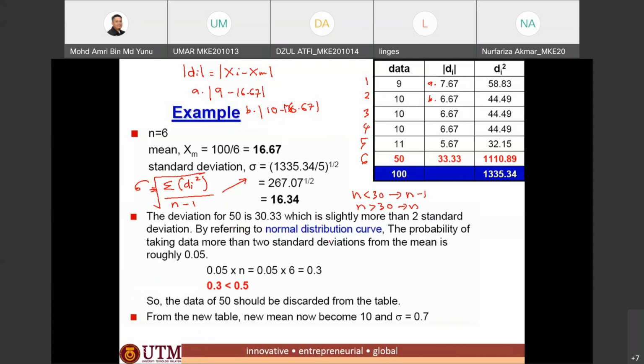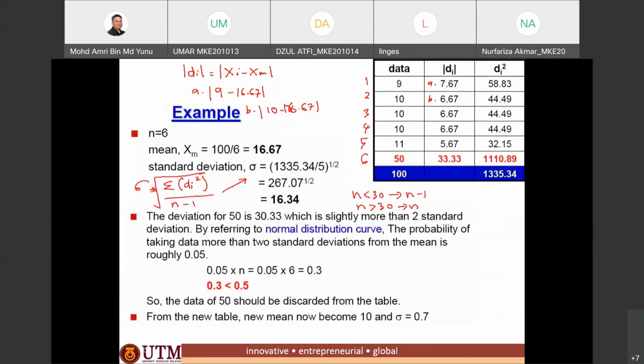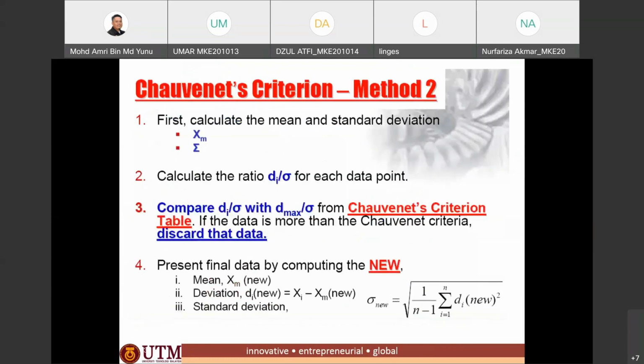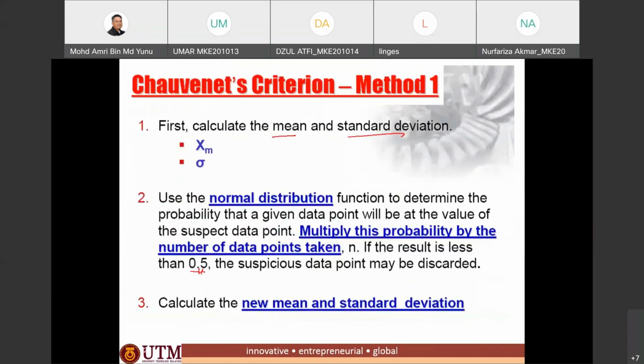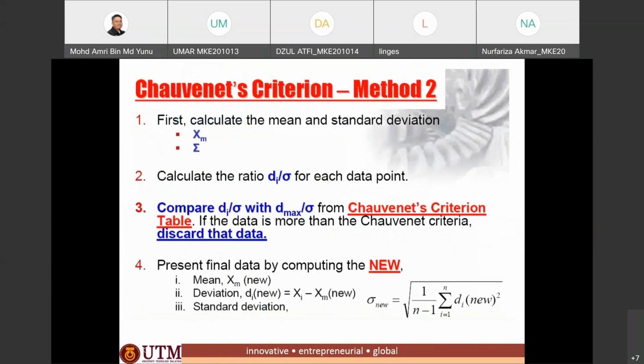This is an example, but let me skip this one. I think I should explain the second method.